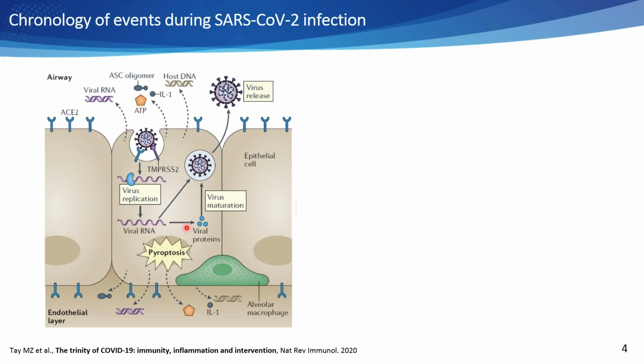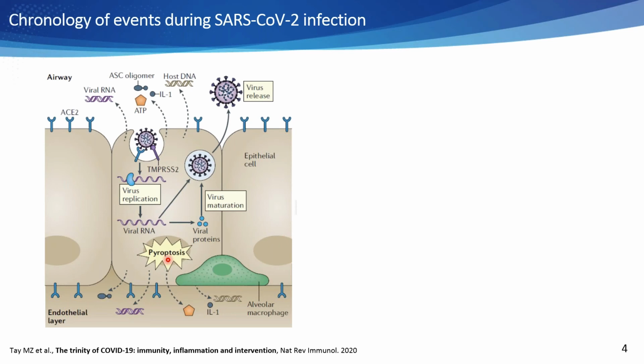The viral RNA will in turn form proteins which could mature again to reform virions, which could be released apically from the airway epithelial cells, and then spread out to infect neighboring cells.